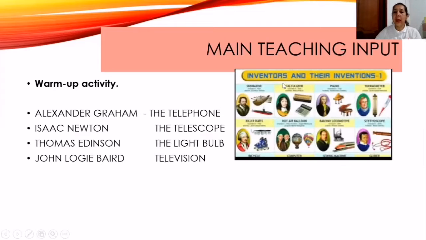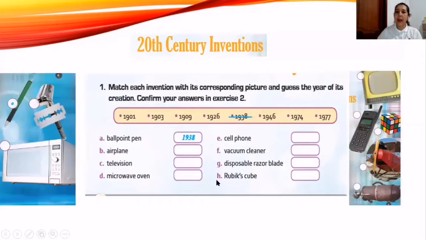Also, a teacher can present a poster like that to remember some important inventions and who their inventors were. In the next part, students open their student book and look at the inventions: a television, a cell phone, a Rubik's Cube, an airplane, a vacuum, the microwave oven.